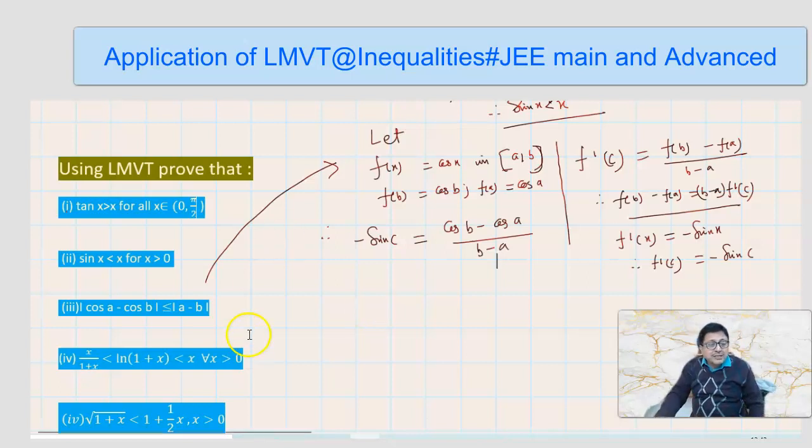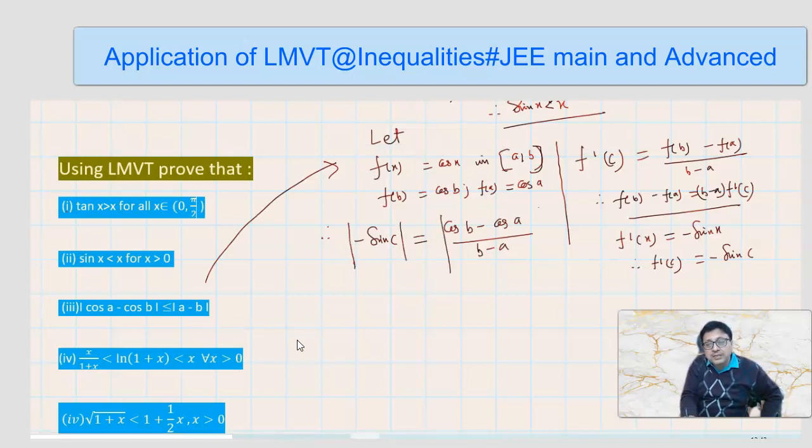You can see what is given in the sum, that is mod of cos A minus cos B less than or equal to mod of A minus B. They have asked you to prove this. So we need to take mod of both sides. If we take mod of both sides, what is mod of minus sin C?